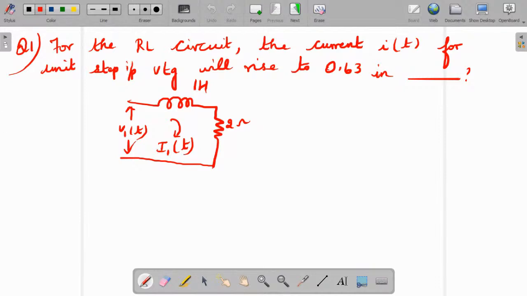Okay, so workout sum solve பண்ணியாச்சா? What is the answer for question number 1? 0.5 seconds.